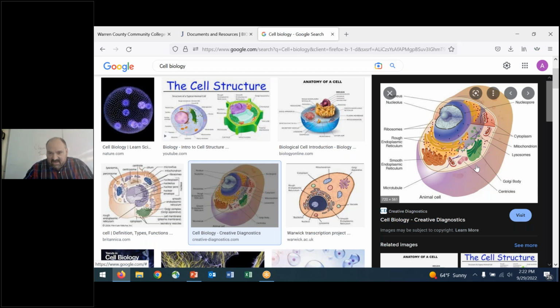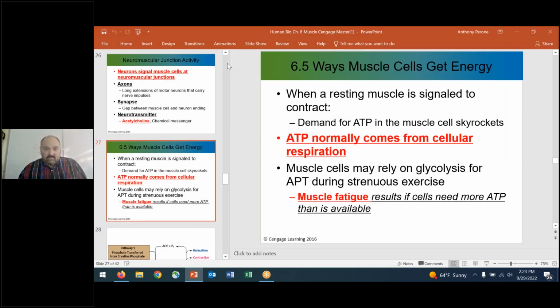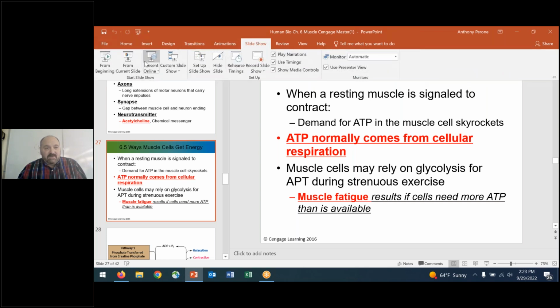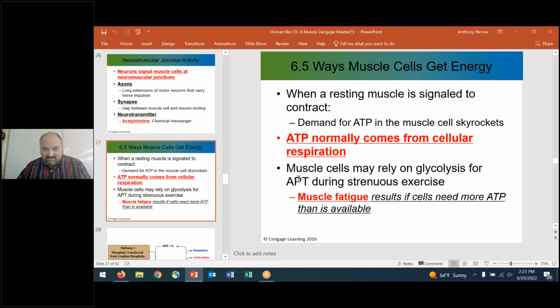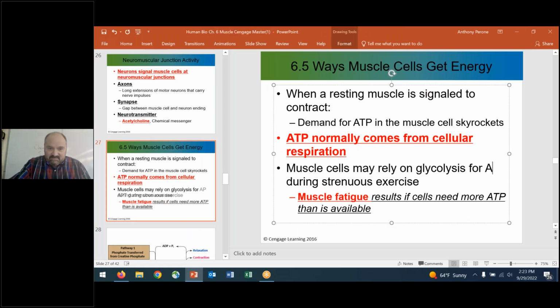So you all can see that these little structures right here are called mitochondria. Mitochondria produce ATP, and ATP is important to power many processes in the human body, and one of them is muscle contraction. You'll see here muscle cells may rely on glycolysis for ATP. That's wrong. Should be ATP. Fix that there.